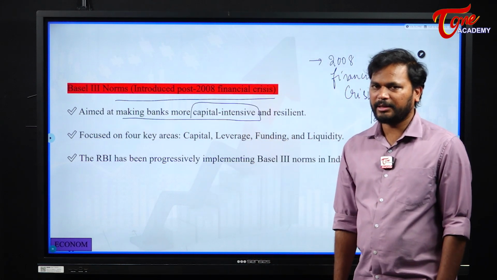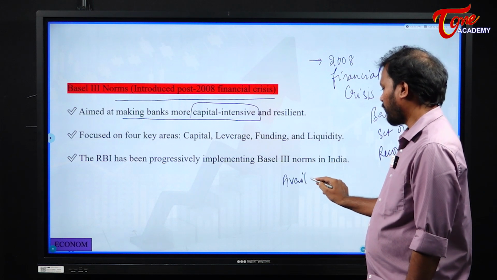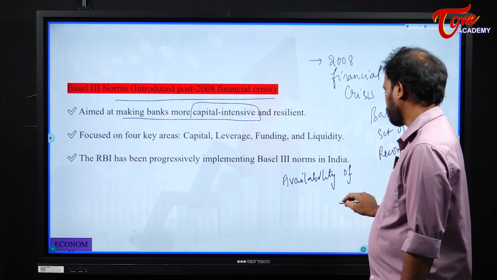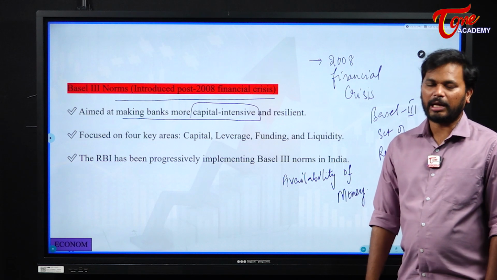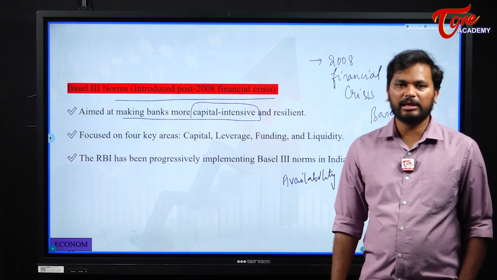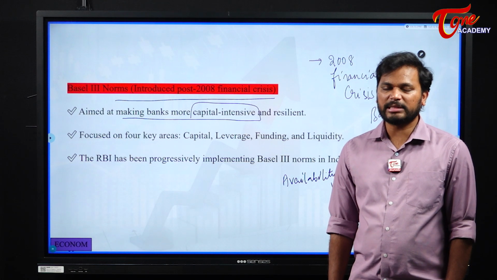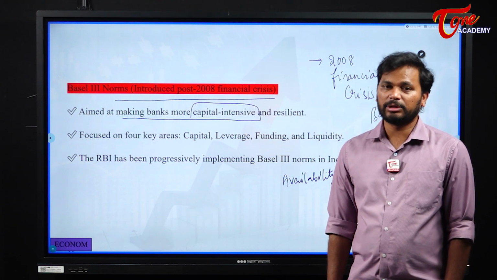It means they need to have the availability of money with them. They need to focus on those areas which can generate capital for the banks.